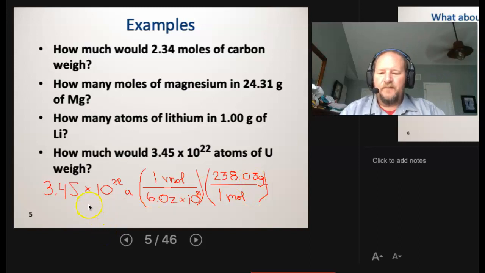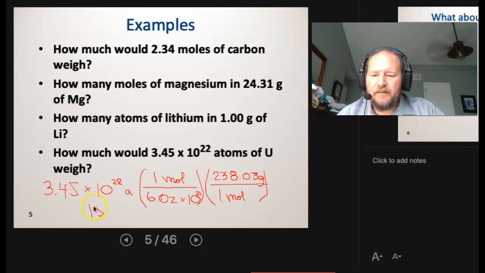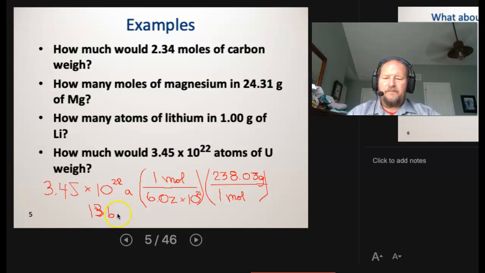That gives me 130.36. Now I only get 3 sig figs, so I really don't need the 4.